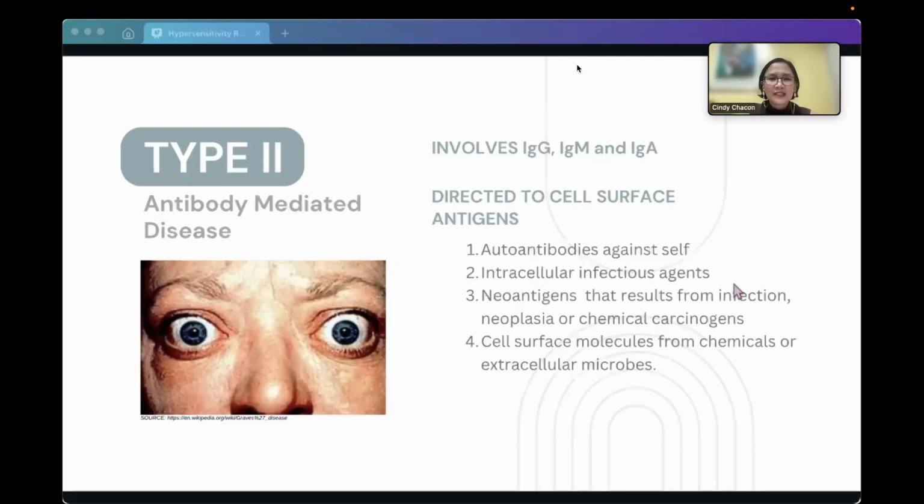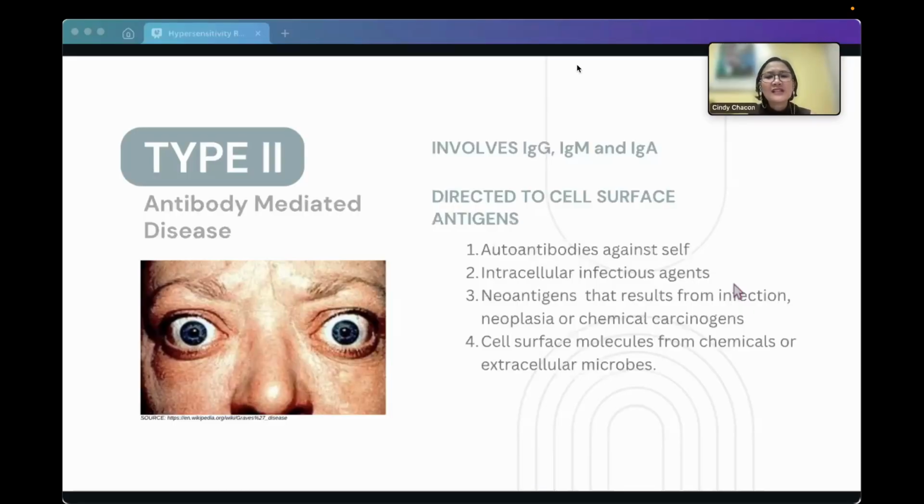These antibodies that are supposed to be our defense towards foreign antigens sometimes end up targeting our own cells or tissues. They are directed to cell surface antigens on specific cells like your erythrocytes, neutrophils, platelets, and some epithelial cells of your glandular or mucosal surfaces, or on antigens on tissues.